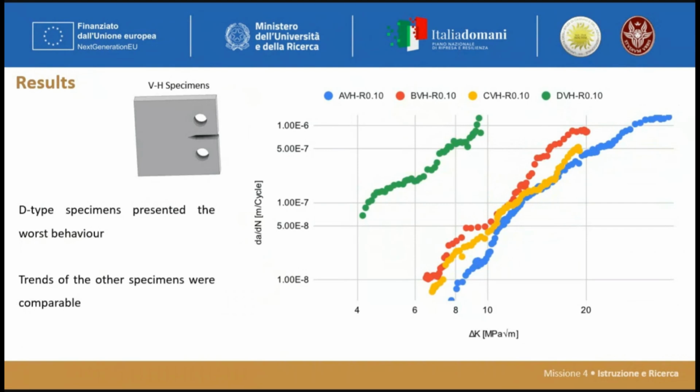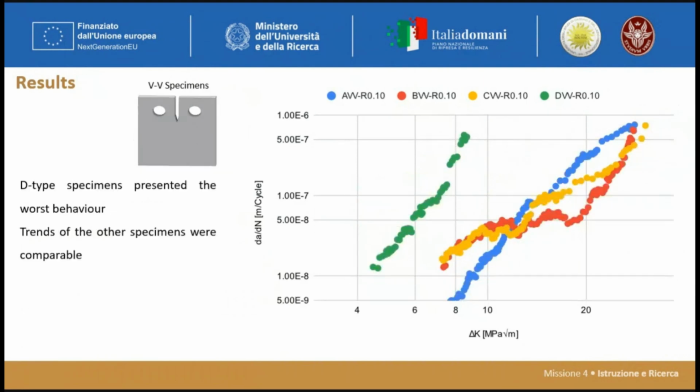This is for the specimens with the horizontal crack. For the specimens with the vertical crack it is more or less the same. We can observe that specimen D is separated from the other specimens.